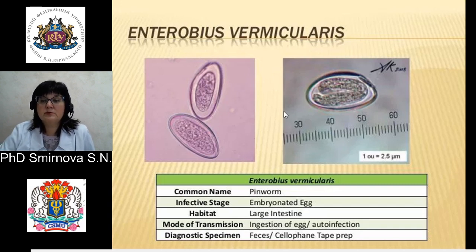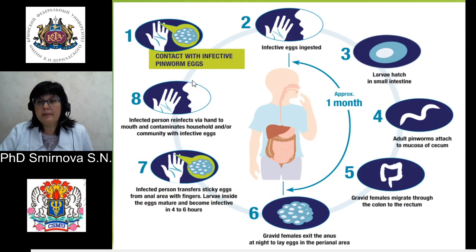For Enterobius vermicularis, the eggs are specific: colorless and asymmetric in shape. The life cycle is very easy. For this parasite, auto-infection is characteristic. Infection is characteristic for kids, with contaminated food, contaminated water, or contact with hands. Eggs of these parasites can move to the mouth cavity.